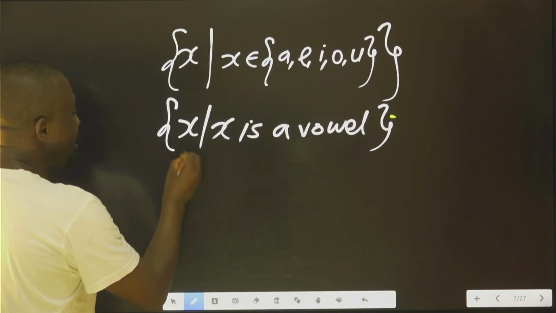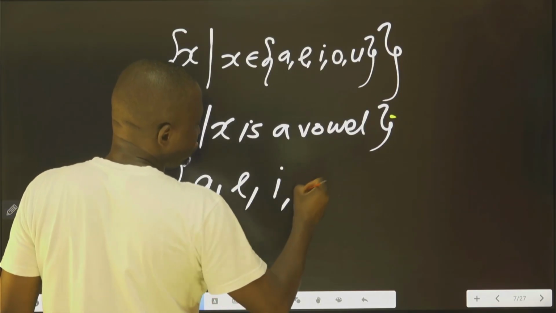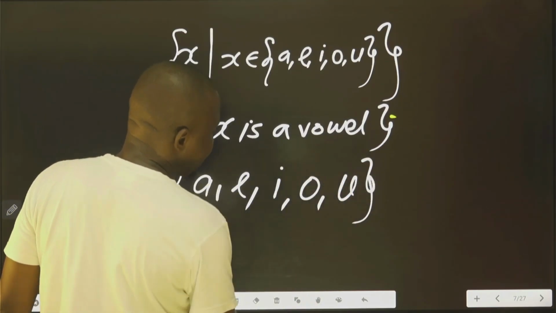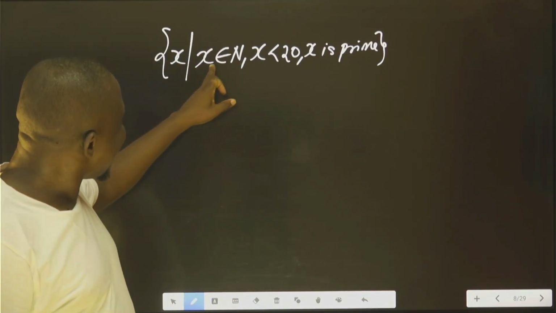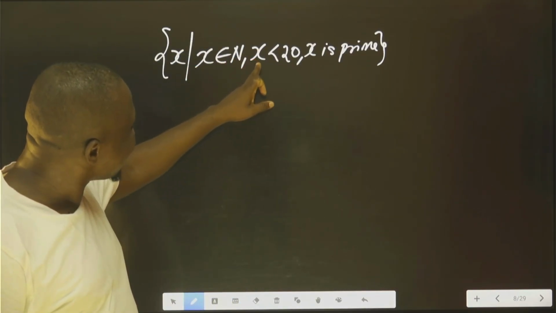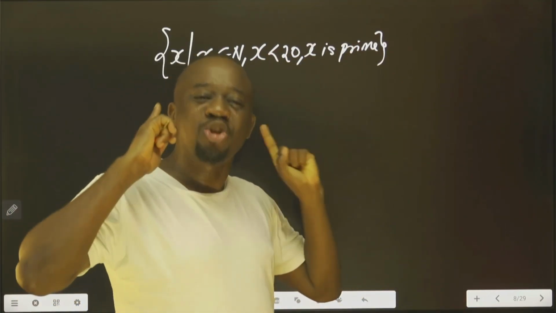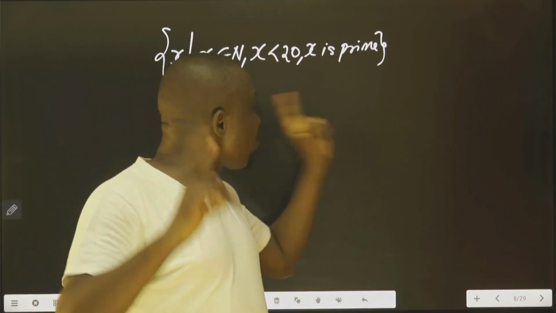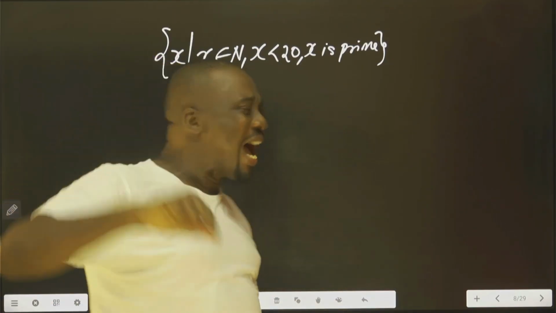So finally, you agree with me, we are simply going to write this. Look at this. You say S is a natural number. S is less than 20. S is a prime number. So all the natural numbers less than 20 will be considered. Not just all of them, but those that are prime.